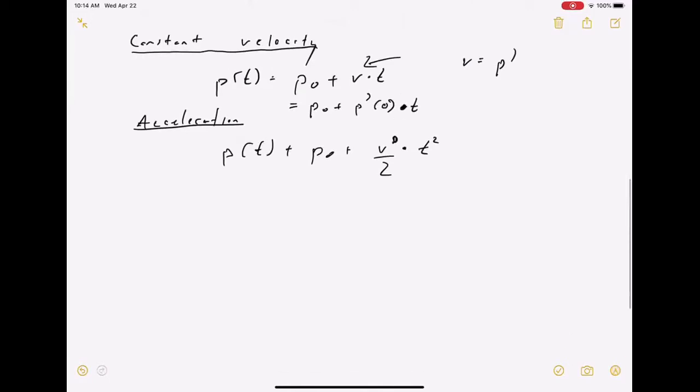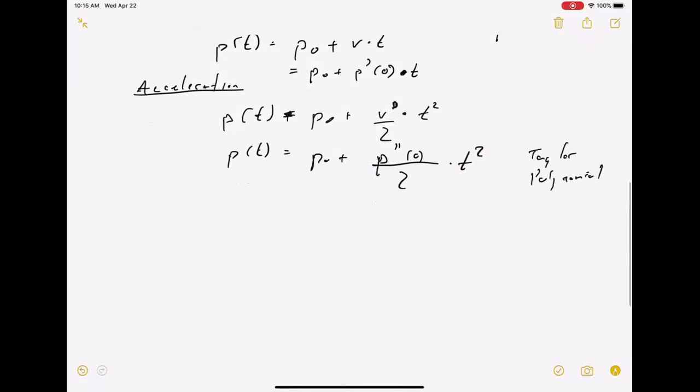And then v prime would be p double prime. Maybe now it's clear that this is actually a Taylor polynomial. We can add some more terms to make it clear.